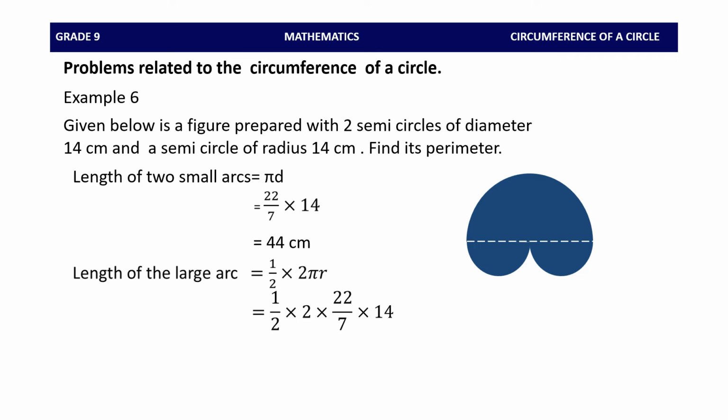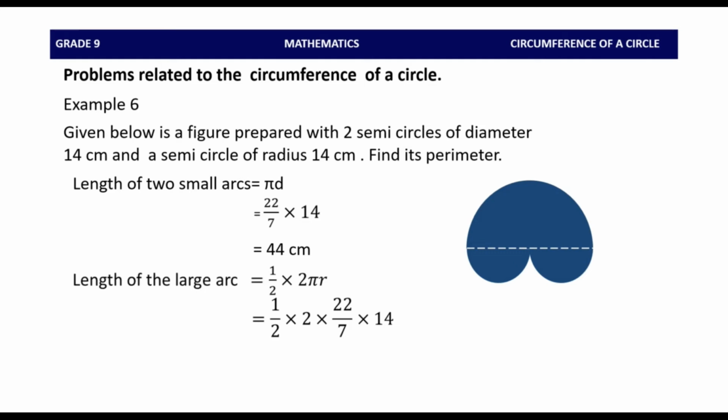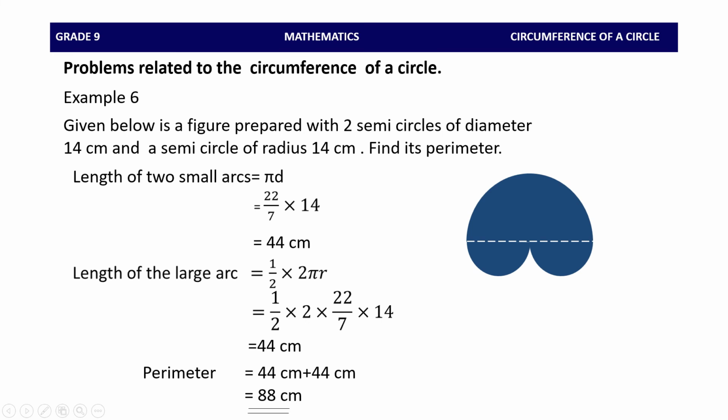The answer is 22 multiplied by 2, 44 centimeters. Now we want to find the perimeter of the figure by adding all the arc lengths. Perimeter of the figure equals 44 centimeters plus 44 centimeters. Altogether 88 centimeters.